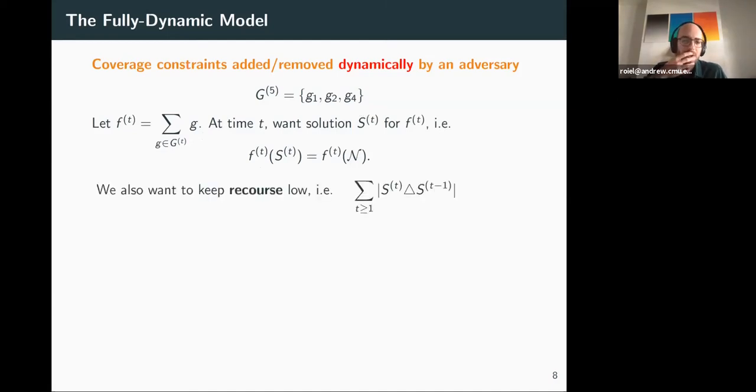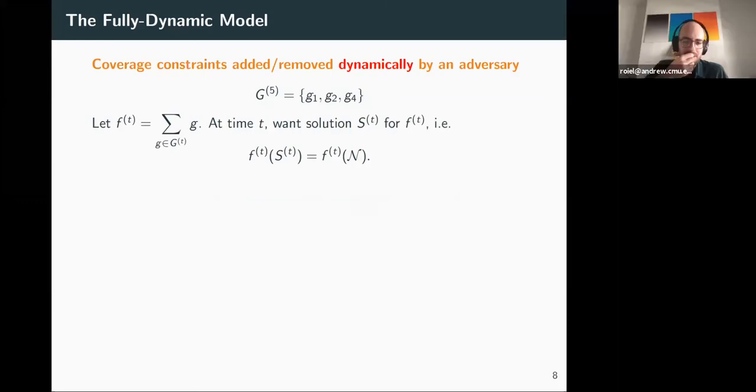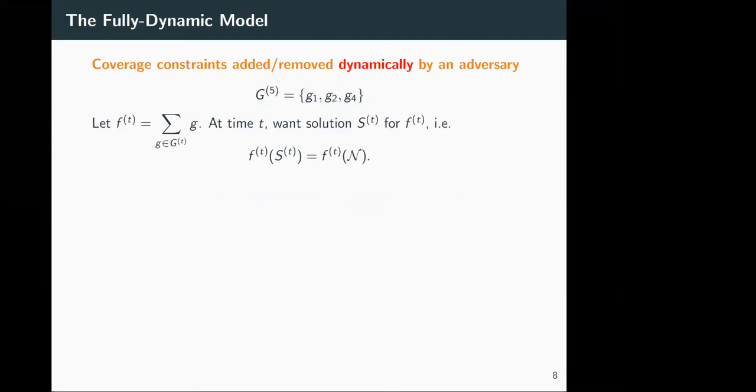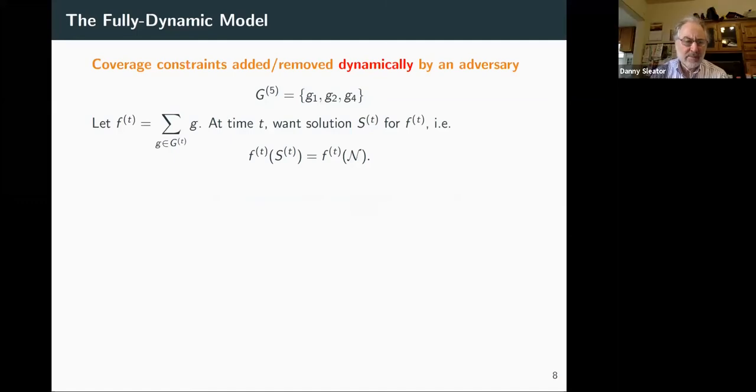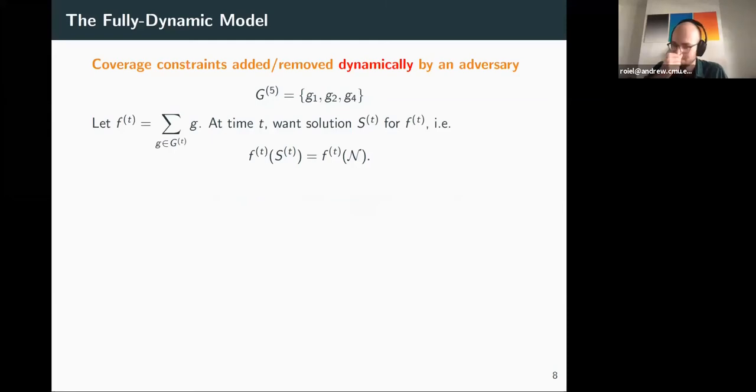All right, and our goal— Could you say that again? Why is it optimized when each individual one is optimized? That's because they're independent functions. And they're monotone submodular functions. Oh, crucially, they're monotone, sorry. Can you give an example of these functions? Absolutely, I'm going to do that on this slide.